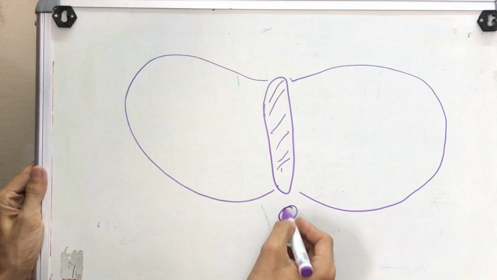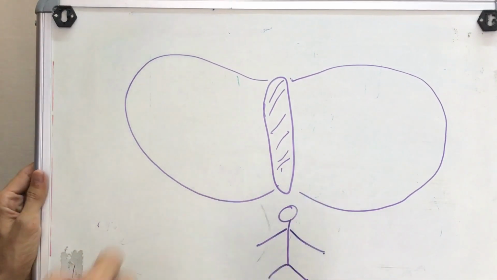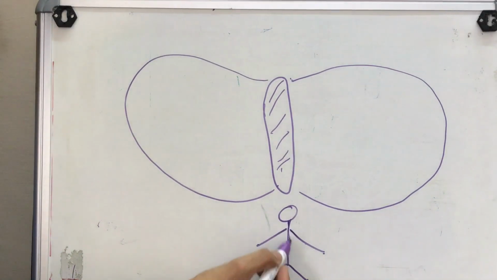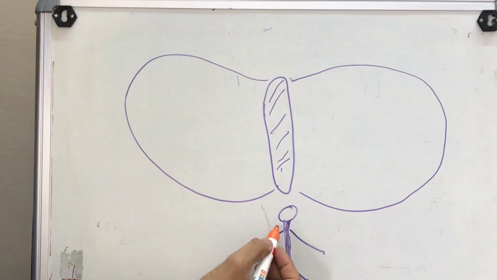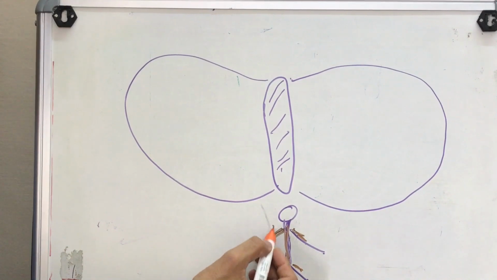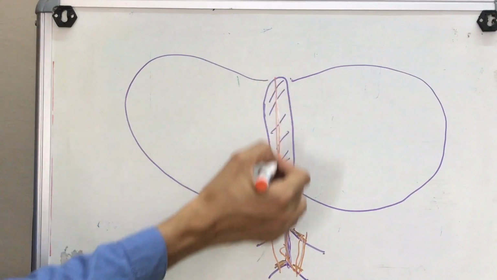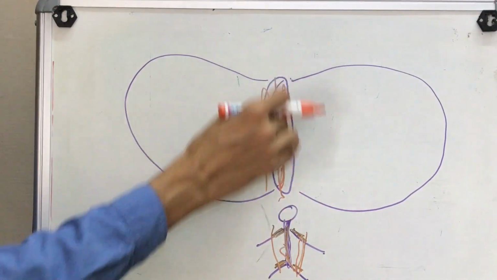If we draw an individual, this is the axial skeleton, the axial skeletal system, and this part is the proximal limb musculature. So the axial as well as the paraxial, or the proximal limb musculature, is controlled by the central-most vermis. That is the representation of this part within the vermis.